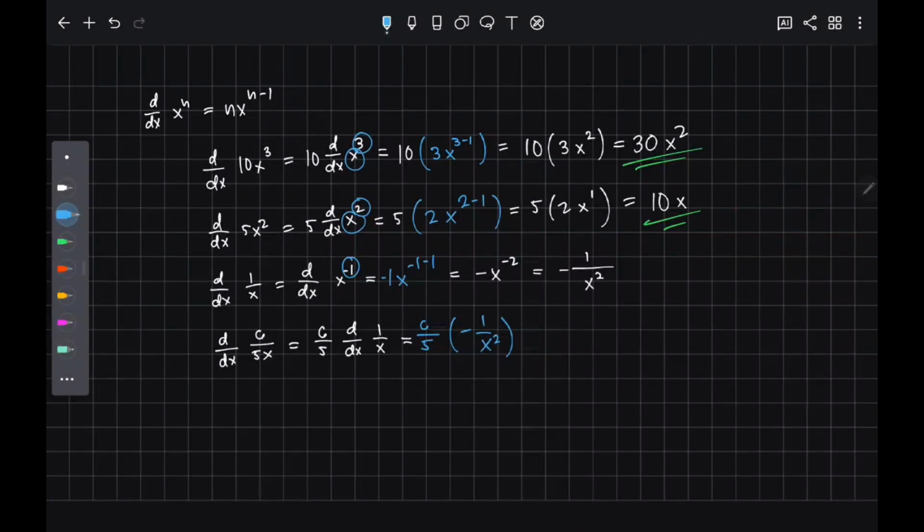Or if you want to go step by step, we could do it again: the derivative of x raised to negative 1 is negative 1, this is n, times x raised to negative 1 minus 1, or negative x raised to negative 2, which is just this. So that would be 6/5 times negative 1 over x squared, meaning we have negative 6 over 5x squared.